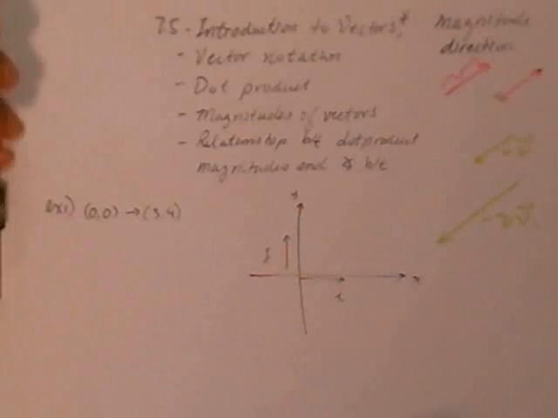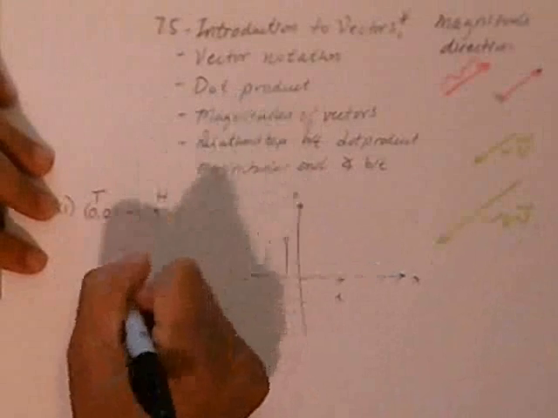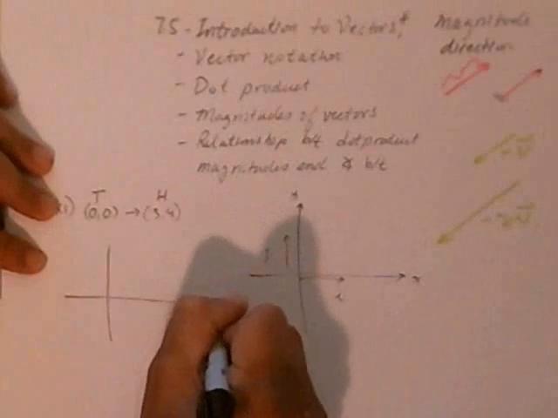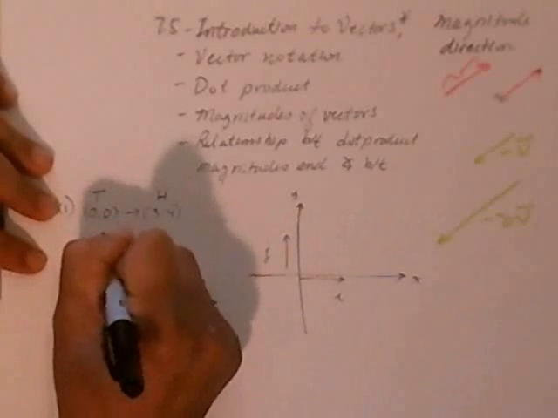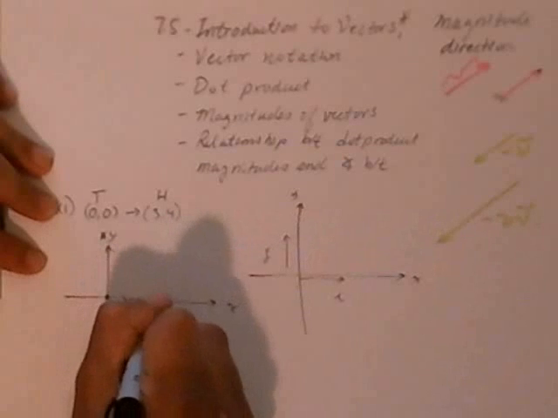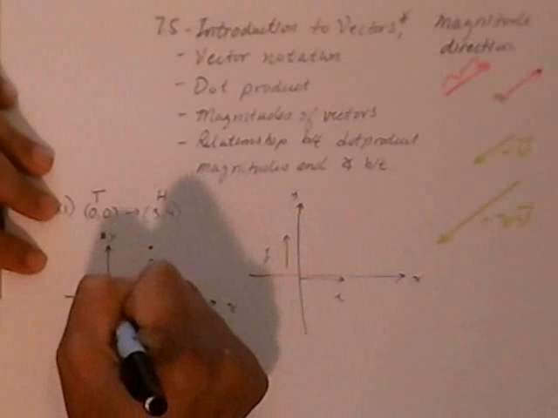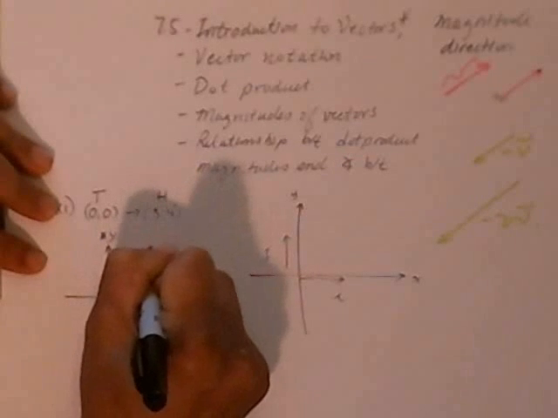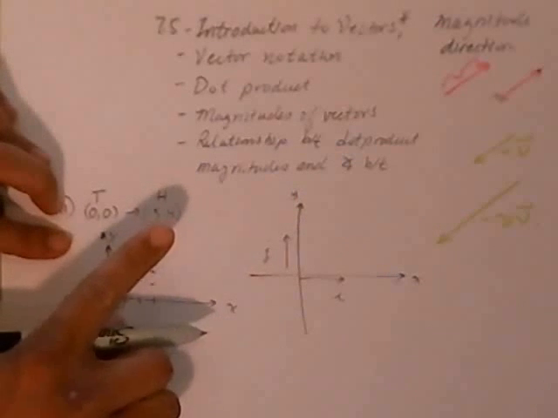So let's draw this out, see what it looks like. So this is your tail, this is your head. That's your y direction, and that's your x direction. Starting at 0, 0, you're going 1, 2, 3 to the right, and up 4, and that's your head. So we draw that little arrow, and it's going in that direction, northeast.